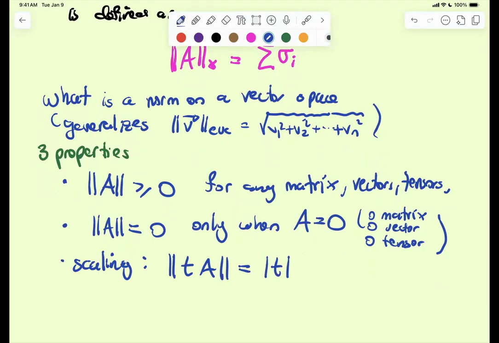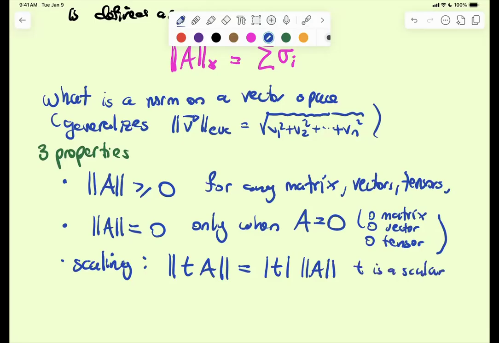That's why, in Calc 3, which I think most of you took, you would remember the norm of the vector. That's why the notation is similar to absolute value, because it behaves in a similar way. It's a generalization of absolute value. That's maybe the better way to explain this. So here t is a scalar.